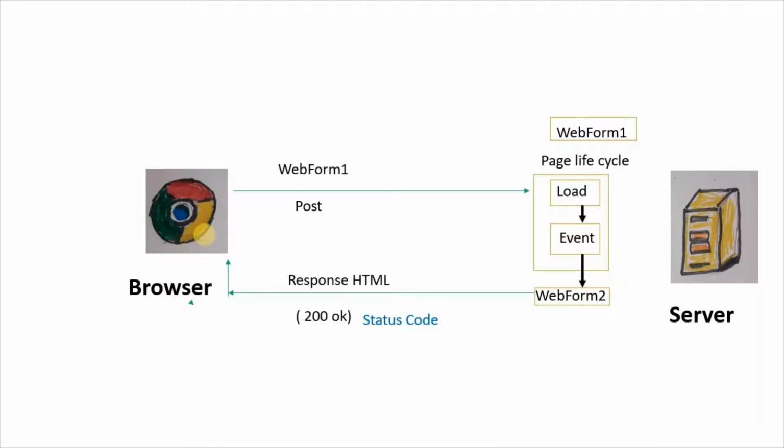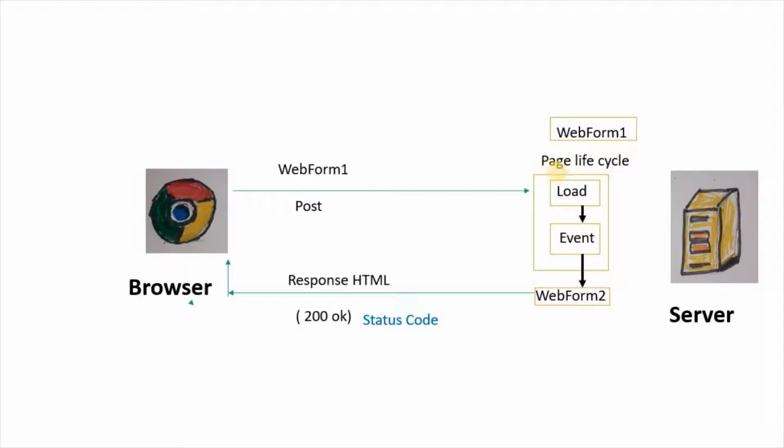Initially in browser, when we are on waveform1.aspx form, and when we click on button, then a post request is sent to waveform 1 to navigate to waveform 2. So here server starts executing waveform 1.